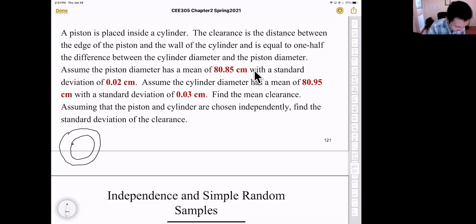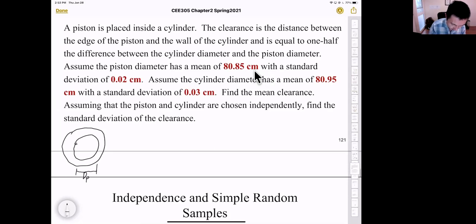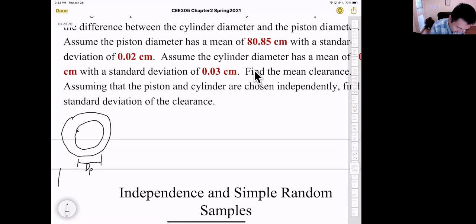Let's say the smaller diameter is the diameter of the piston, dp, and the larger diameter here is the diameter of the cylinder.